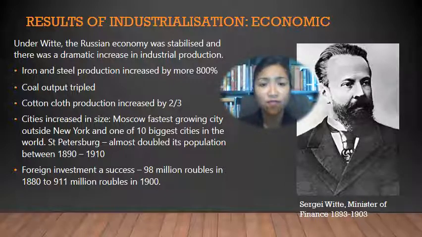You have Moscow being the fastest growing city outside of New York, one of the 10 biggest cities in the world. St. Petersburg also almost doubled its population in 20 years between 1890 and 1910.